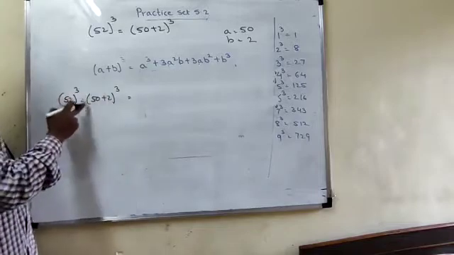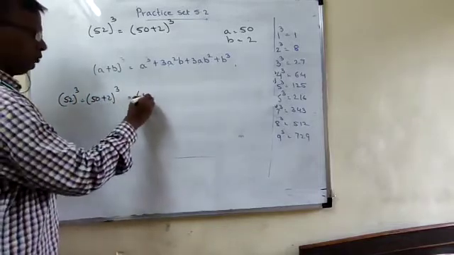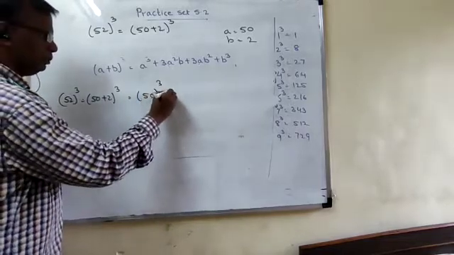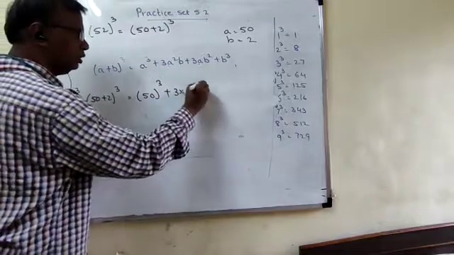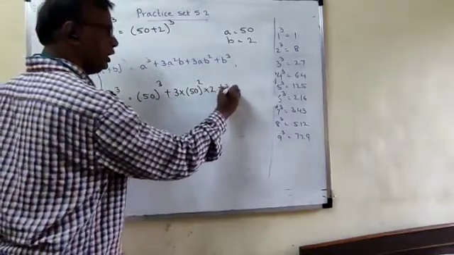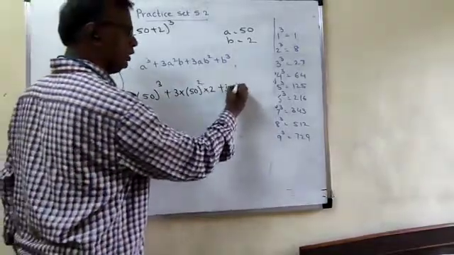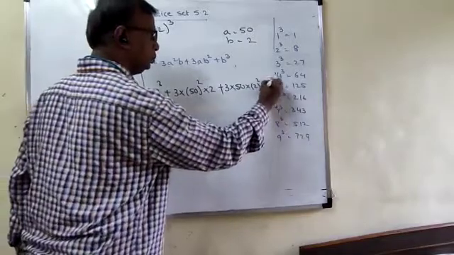Now A should be replaced by what? 50. B should be replaced by 2. So A cube, that is 50 the whole cube, plus 3 into 50 the whole square, into B 2, plus 3 into A, that is 50, into 2 square plus 2 cube.